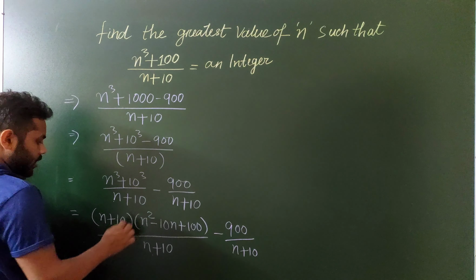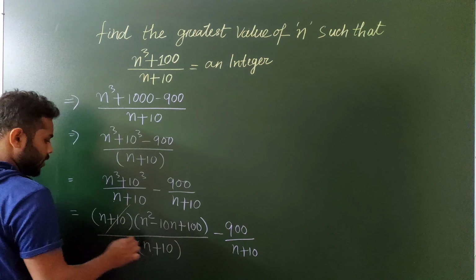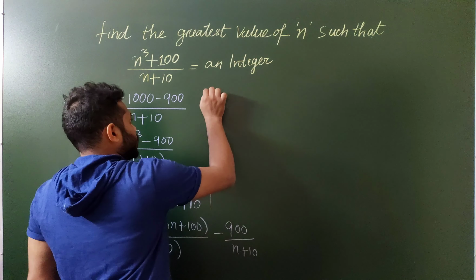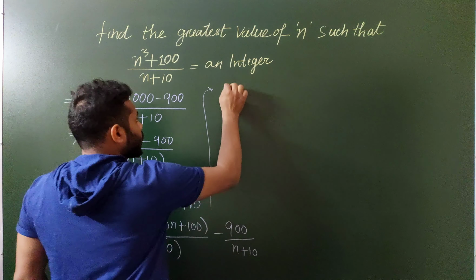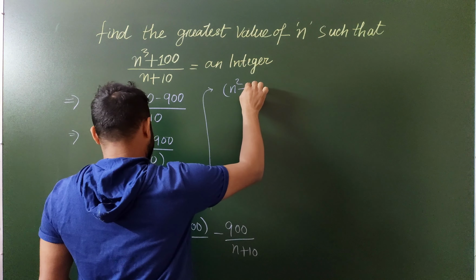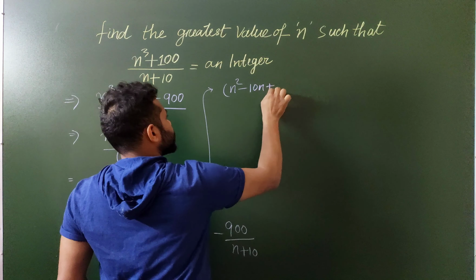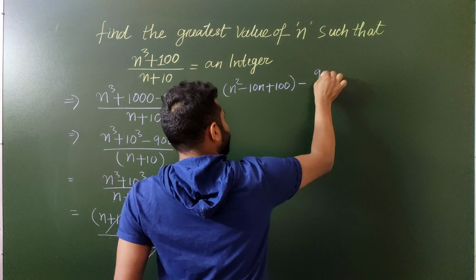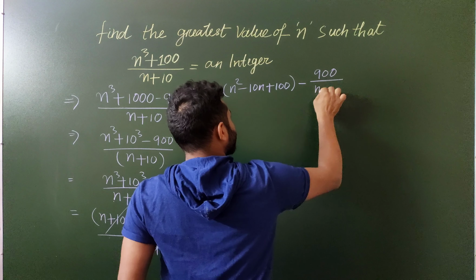Now you can see that this cancels, and here we have n square minus 10n plus 100 minus 900 by n plus 10.